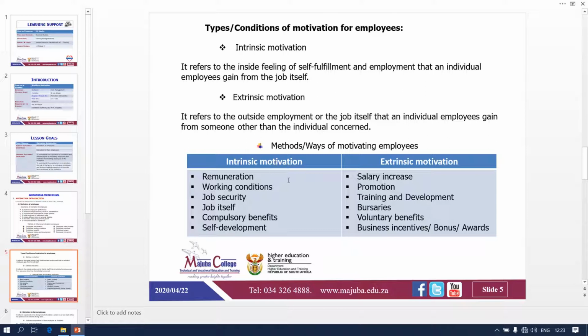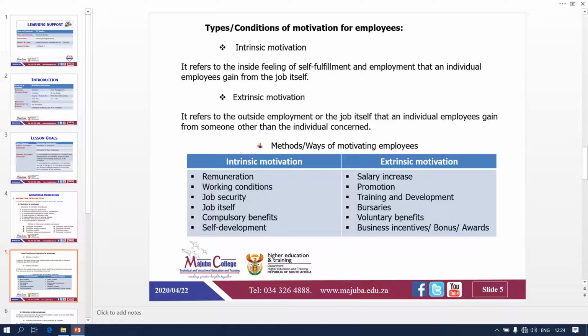Let's look at the methods, the ways of motivation. For intrinsic, something that is inside: you are getting paid at the end of the month, remuneration, working conditions, job security, the job itself, compulsory benefits. You know that when I'm going on leave, I've got those benefits. Self-development, what you are doing in your career. Extrinsic is something that's going to come to you: salary increase, promotion, training and development, bursaries, voluntary things.